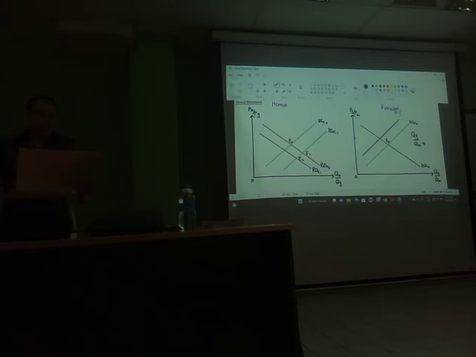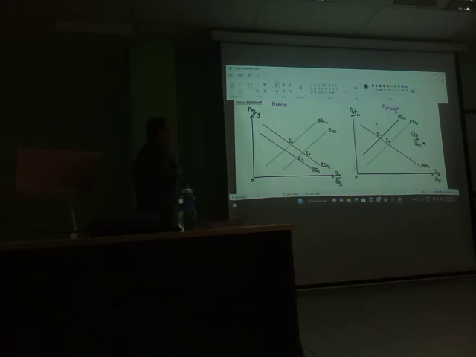So as a producer, as a firm in foreign, when the government imposes tariff on X, that makes good X more attractive to produce. It makes X more attractive to gain profit, to gain revenue.